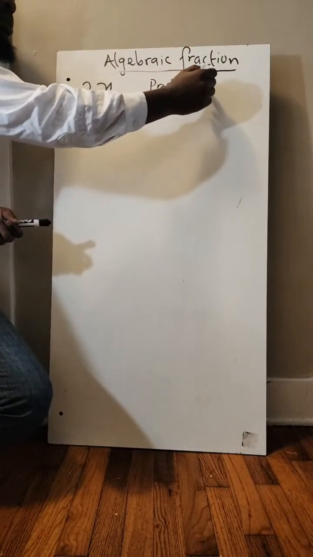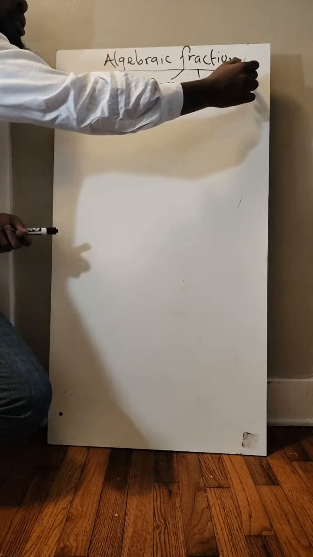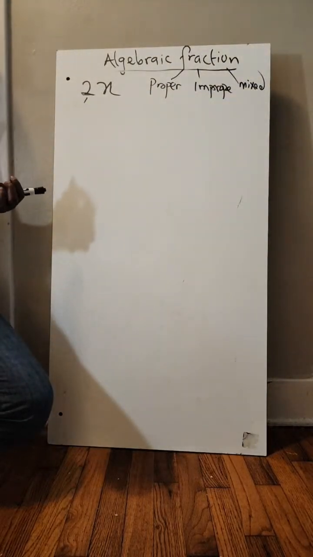So here we have the improper, and here we have the mixed. These are the three basic forms of fraction that we have.